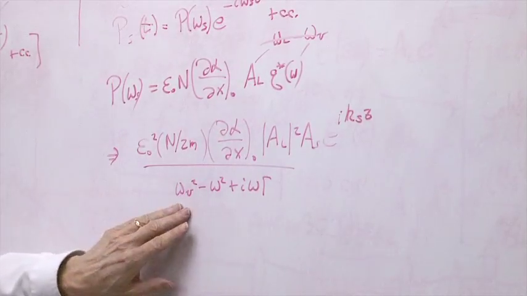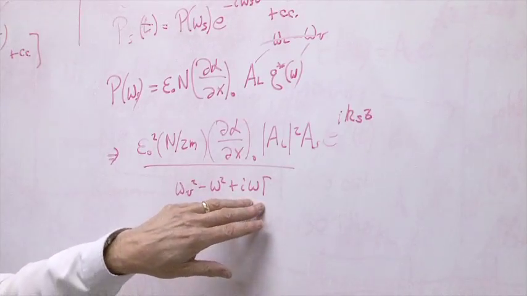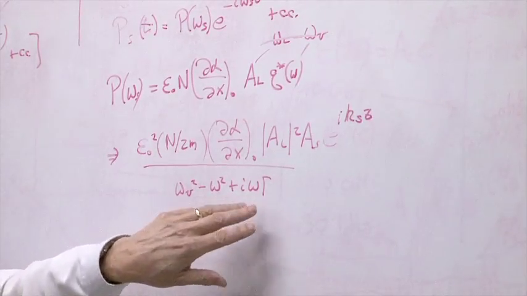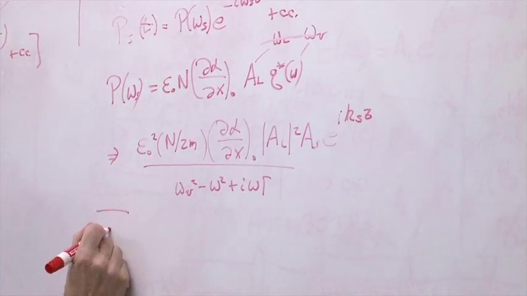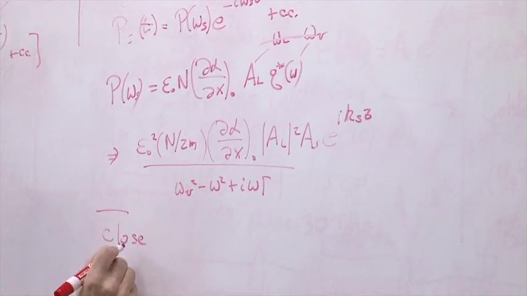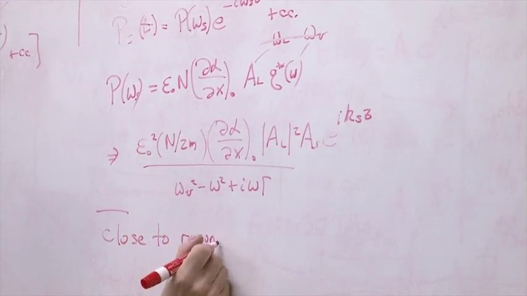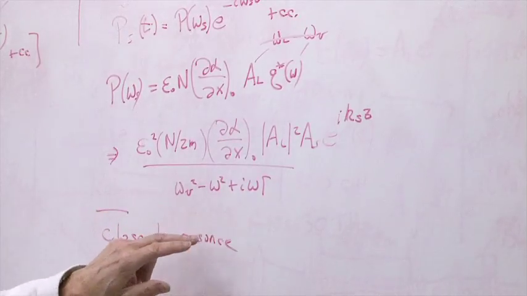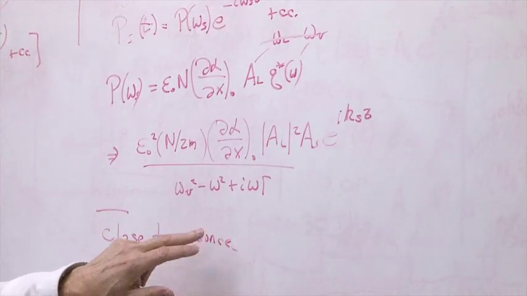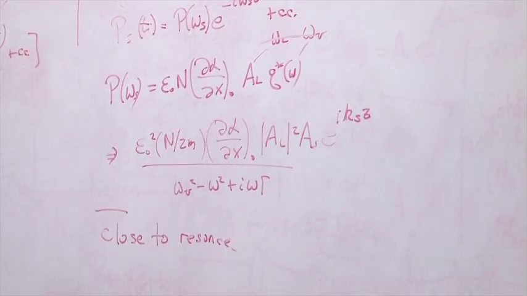Okay, so this looks like your typical resonance factor for a harmonic oscillator. We can simplify this form. Close to resonance, the difference of two squares. So the trick you've done many, many times in your life.